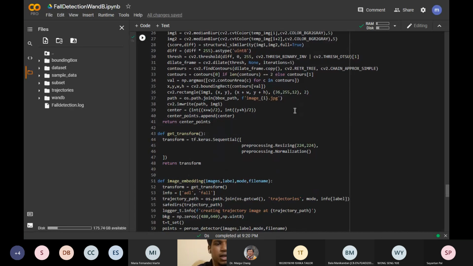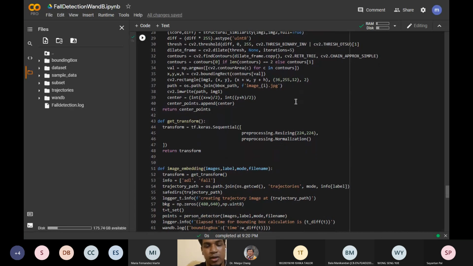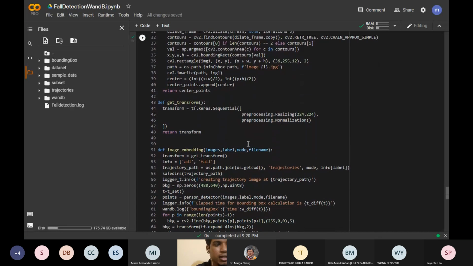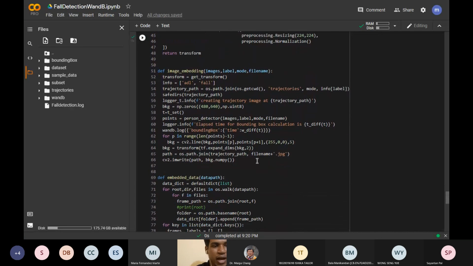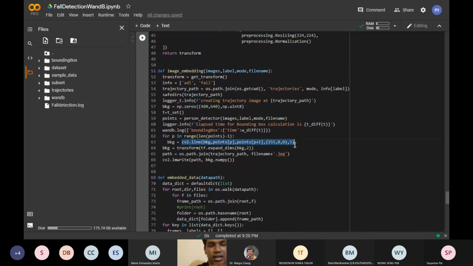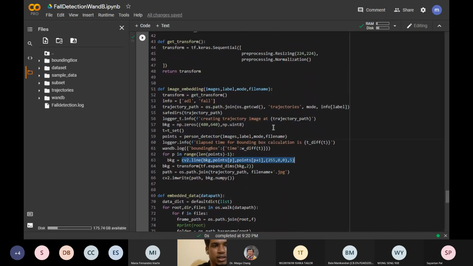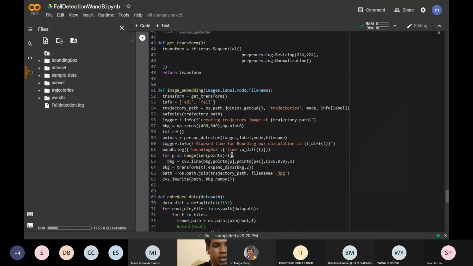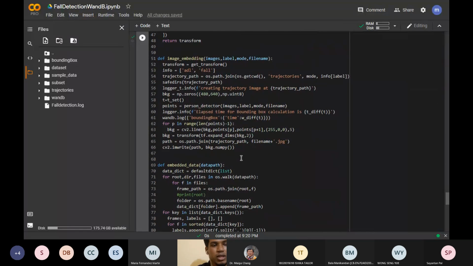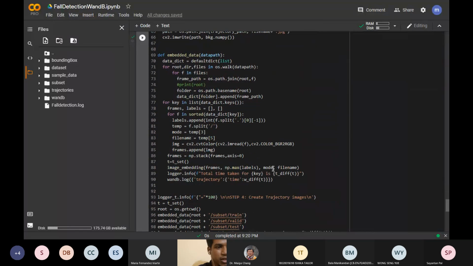After that, I'll extract the center point of the bounding box and plot it on a black background image. This function is to draw the trace of the points. I'm extracting the center point of the bounding box and passing it to the line function so that I get the motion trace finally.